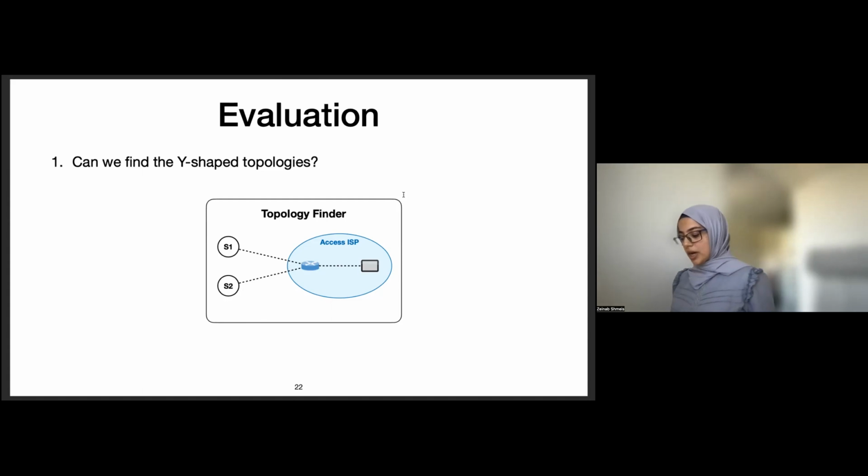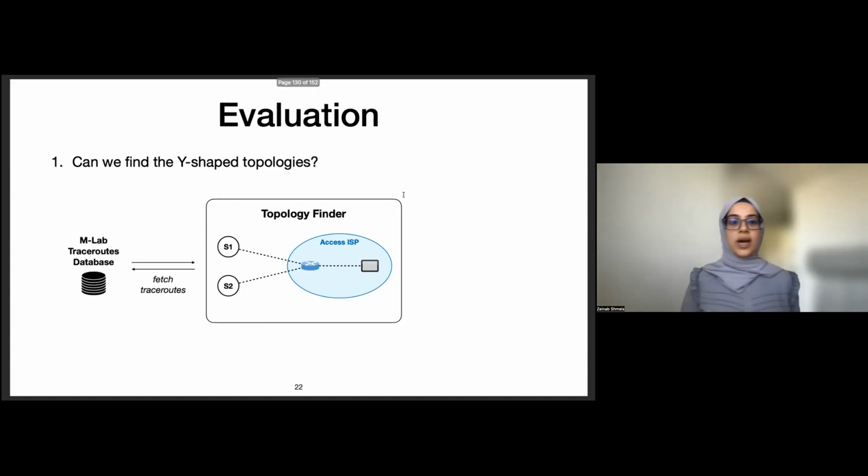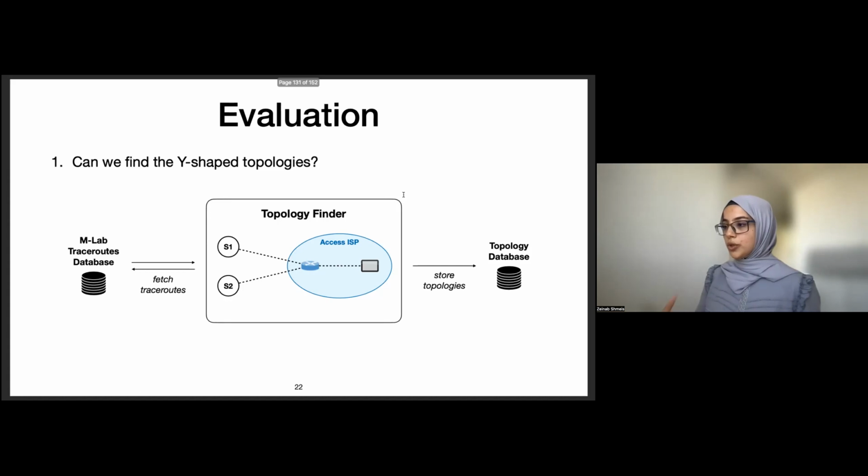That process goes to M-Lab's traceroute database, which is collected from end users. It fetches these traceroutes, processes them, outputs all the possible topologies out there, and stores them in a topology database, which is used later by our algorithm to perform a test.